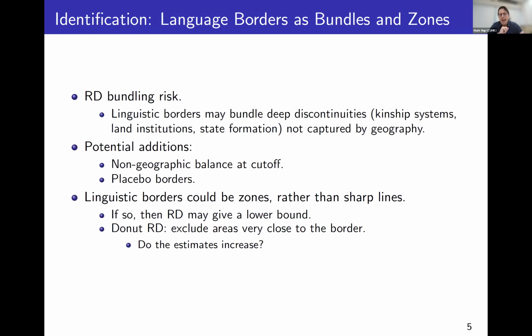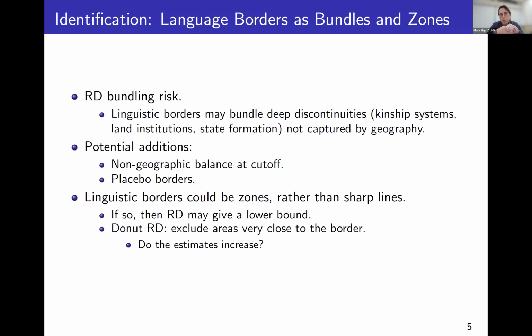And next to that, I was also thinking that linguistic borders could be zones rather than sharp lines. If people very close to the border are somewhat able to communicate with each other, have this cross-border communication, then maybe the RD gives a lower bound estimate.